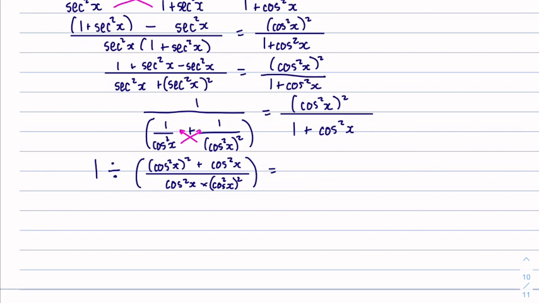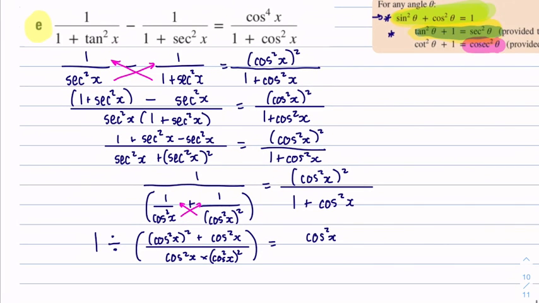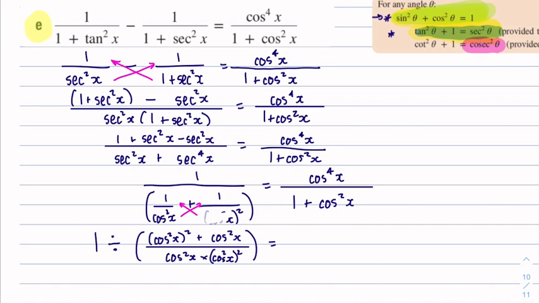Okay, I must have to cancel something out. Cos squared x. What? I should have just left this as cos to the 4x, honestly. And I should have made this sec to the 4x. I thought it would be more useful, but I don't think it's going to be. It's just really confusing me.